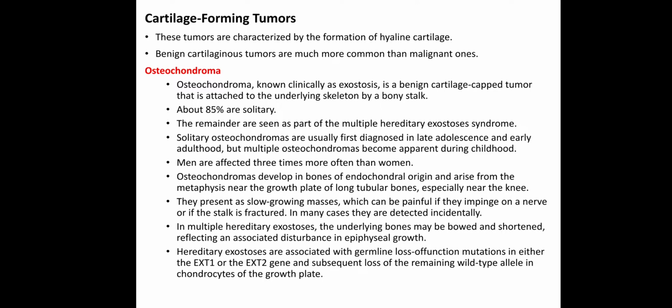In many cases they are detected incidentally. إذا كانت part of multiple hereditary exostosis, the underlying bone may be bowed يعني ينعوج and shortened يقصر, reflecting an associated disturbance in the epiphyseal growth.